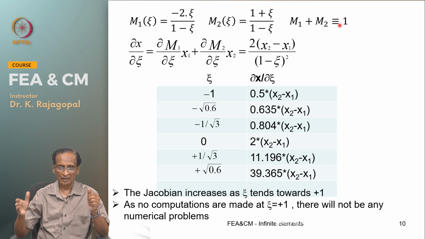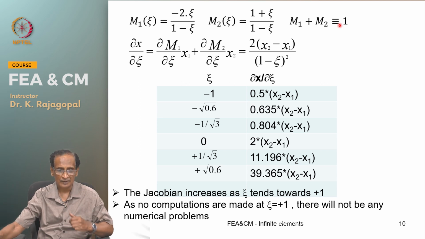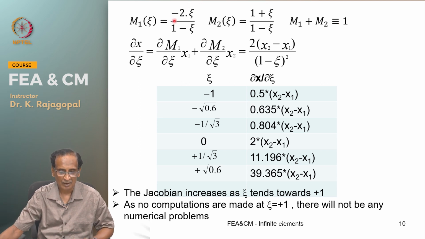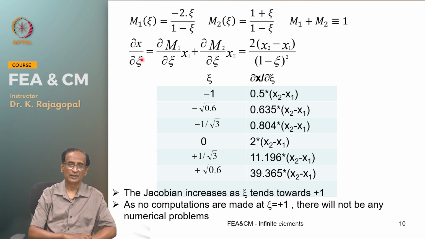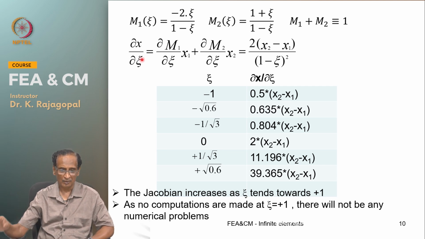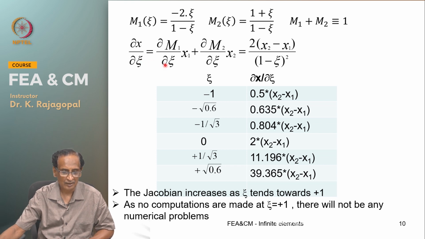And at xi of +1 we have infinite distance. Let us calculate dou x by dou xi, that is our Jacobian determinant for one dimensional problems, and that is equal to dou m1 by dou xi times x1 plus dou m2 by dou xi times x2, and that is 2 times (x2 minus x1) by (1 minus xi) whole square.